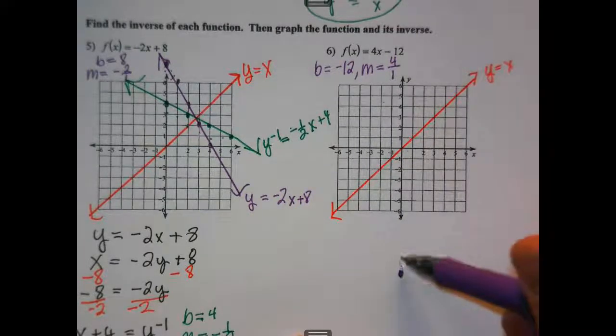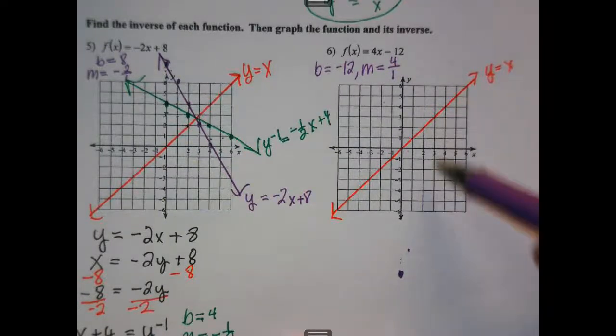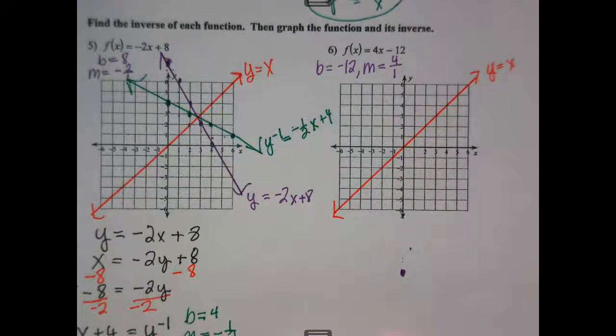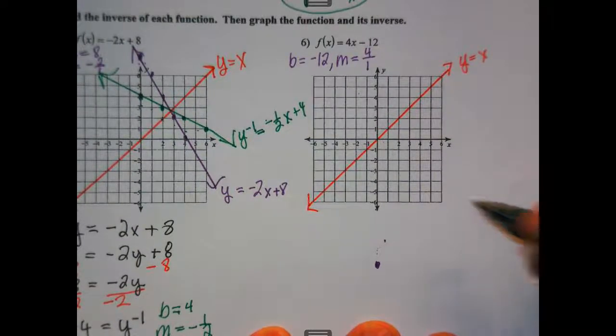And I'd have to go up 1, 2, 3, 4 over 1. I would just be guessing at this point. Let's find the inverse and see what we can do with that.